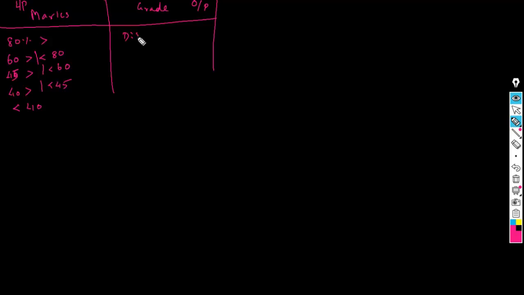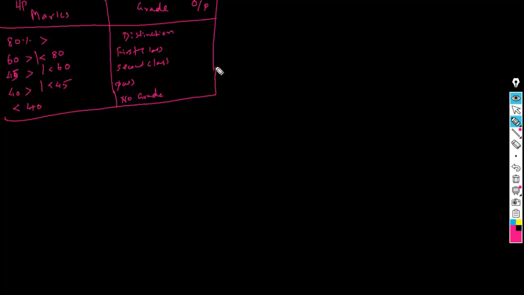The first one is distinction, the second one is first class, third one is second class, fourth one is pass, and fifth one I give no grade. So for this I have to write a Java program. So how do I write a Java program for this?